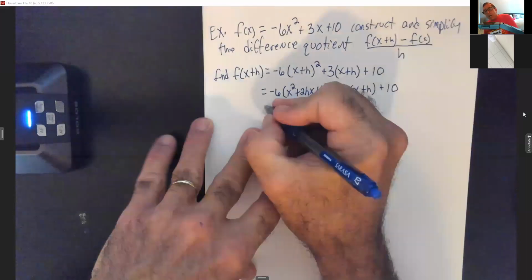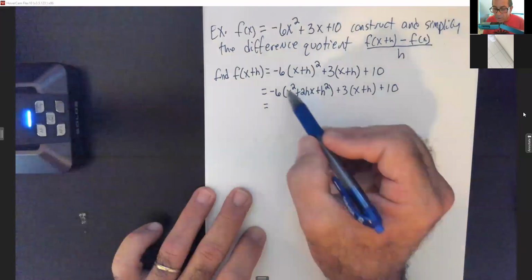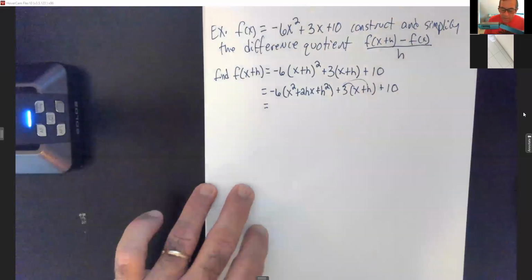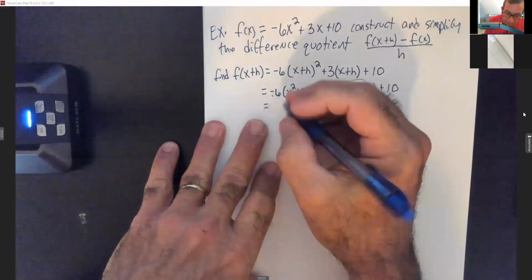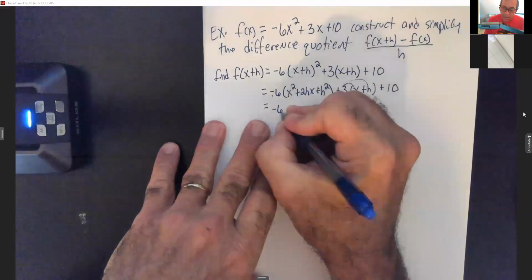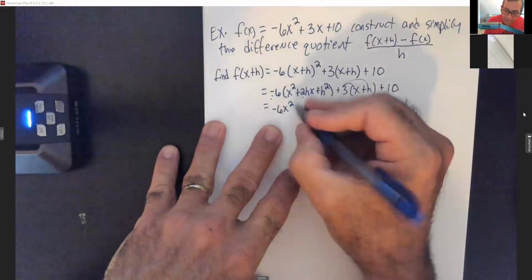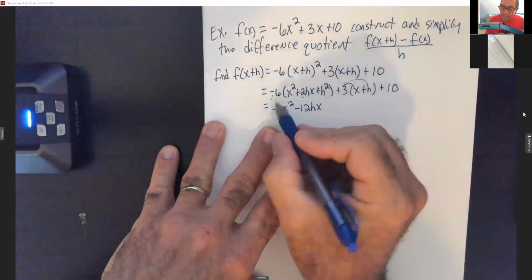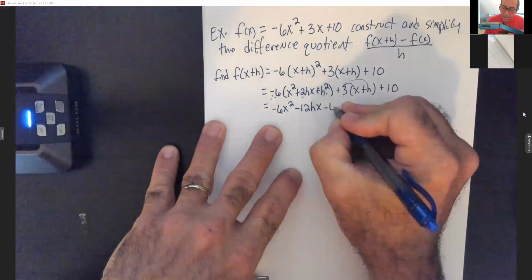So now what I would do is distribute the negative 6 through the first parentheses and the positive 3 through the second parentheses. So negative 6 times x squared is a negative 6x squared. Negative 6 times 2 is a negative 12hx. Negative 6 times h squared is a negative 6h squared.